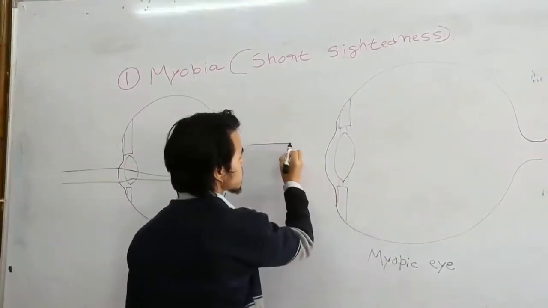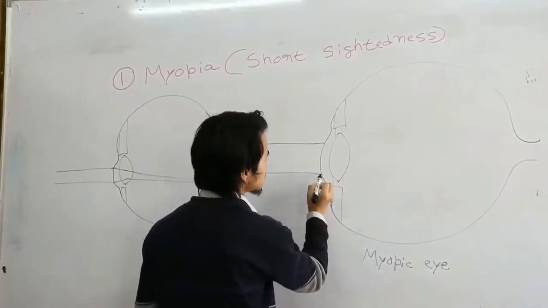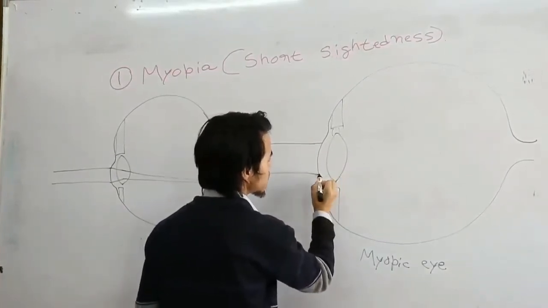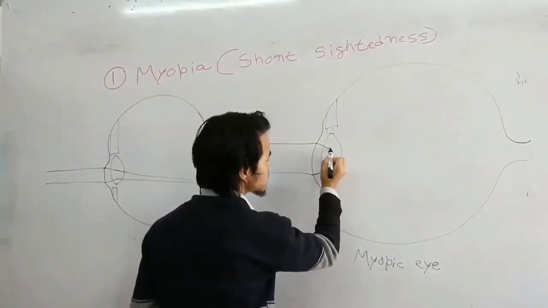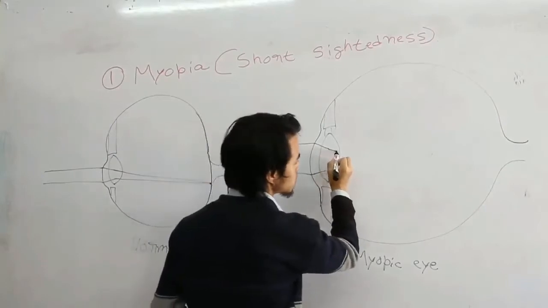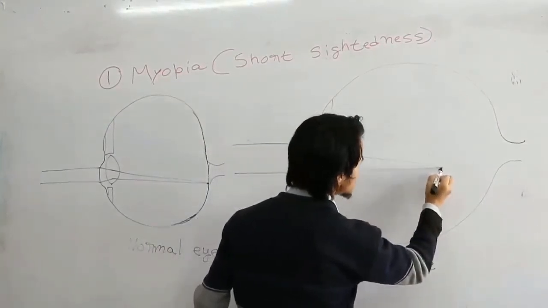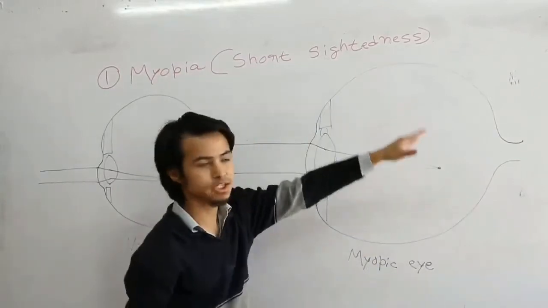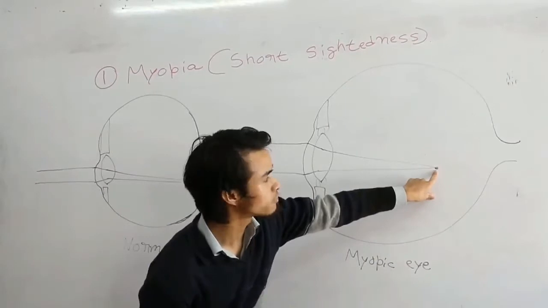So suppose these are the light rays. When they enter the cornea, they will get refracted or bent. Further, the crystalline lens also bends these light rays, and because of the elongation of the eyeball, these light rays will be formed in front of the retina.